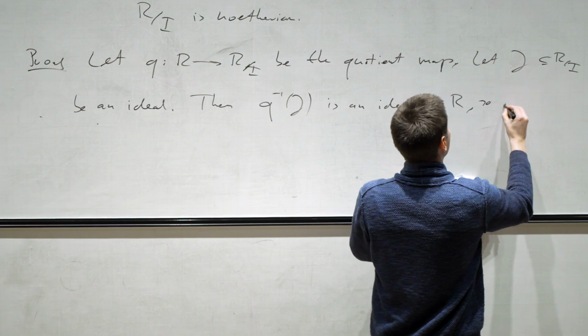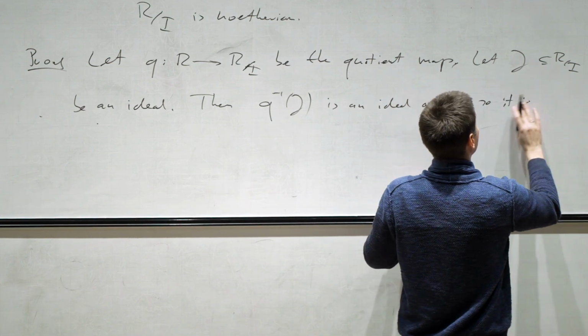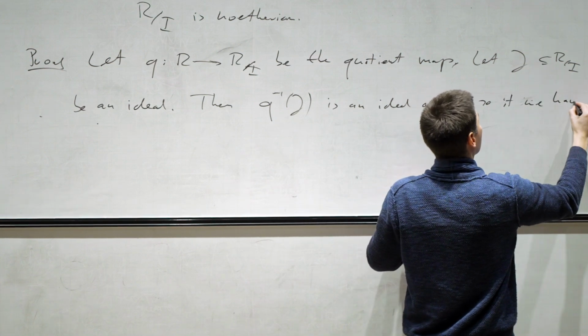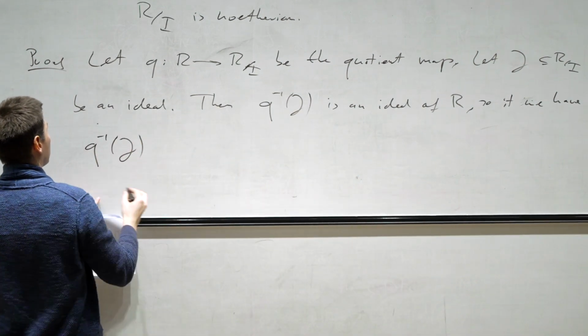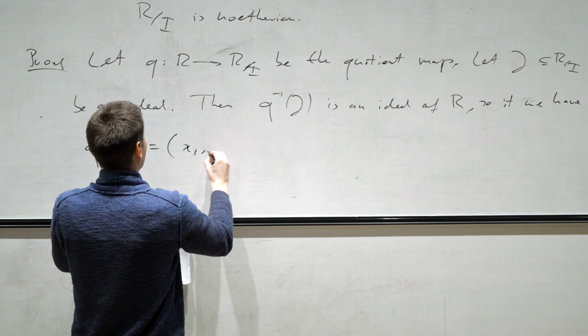So it is finitely generated. So we have Q preimage of J is an ideal generated by some x's.